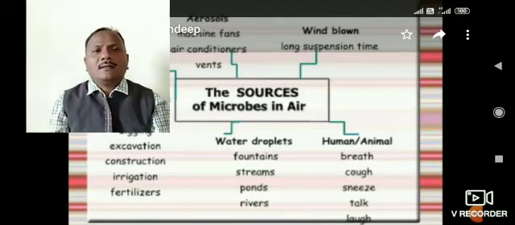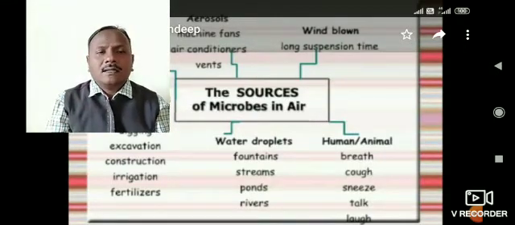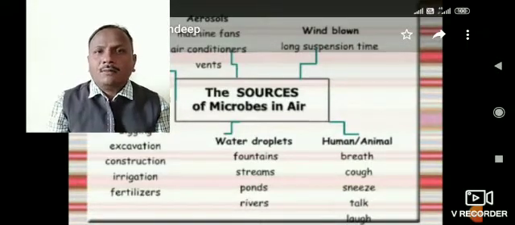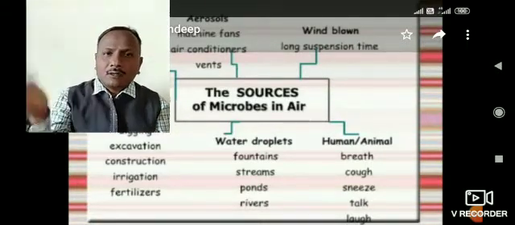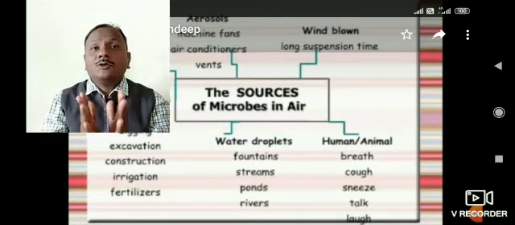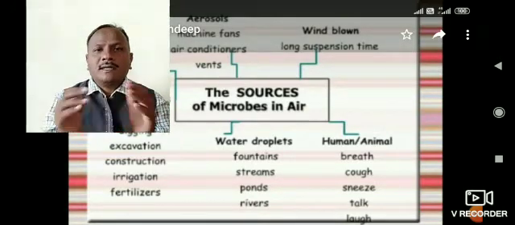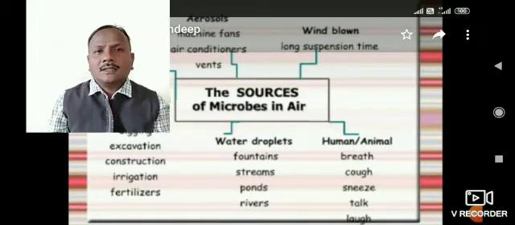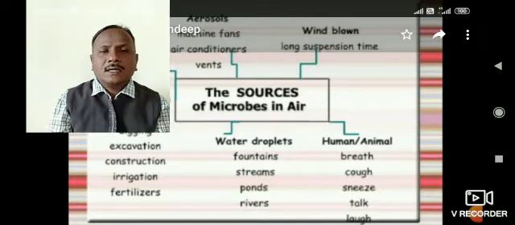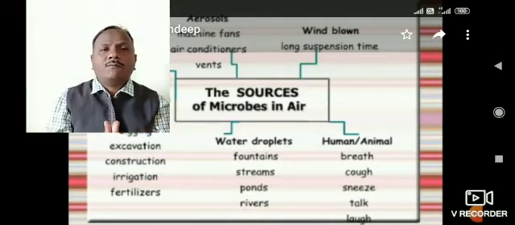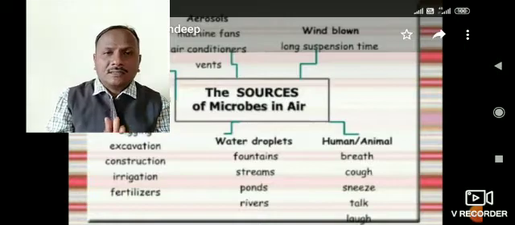In the last lecture, we already studied the definition of air microbiology, the introductory part of air microbiology, the composition of air, and the different layers of the atmospheric air. After that, the next point is the sources of microorganisms in air.